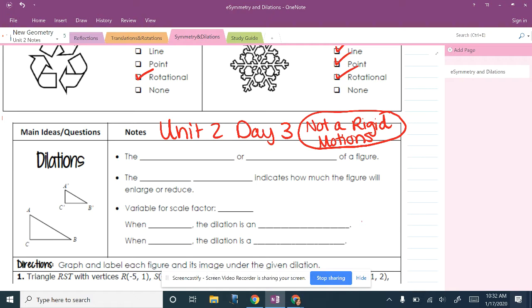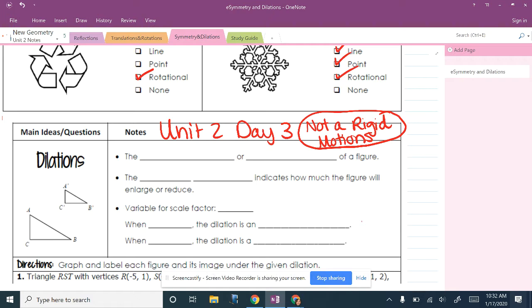So anything that asks you which one preserves the size and it has a dilation in there, you know it's not going to keep the same size. You'll see benchmark type questions and even EOC type questions that ask that. There's a lot of transformation stuff on those tests. So if it says which one will preserve the size, anything that is multiplied by a scale factor, it looks like a dilation, will not.